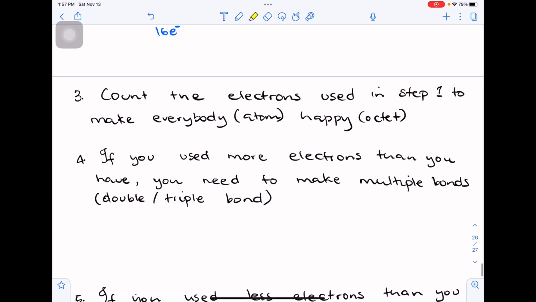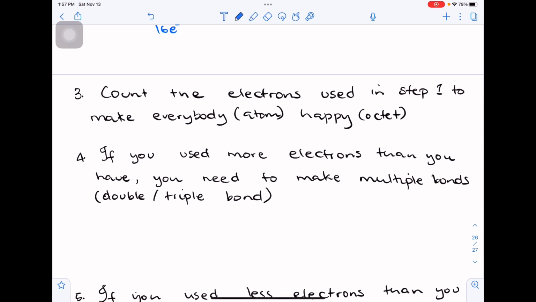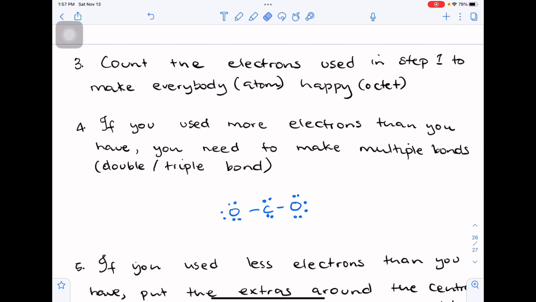If we have a case like that, it says here we have to make multiple bonds. And I'm just going to quickly draw the carbon dioxide as we have it above. So this is what we have above. Okay. Now, when we do the multiple bonds, what we are doing is we are going to remove 2 pairs of electrons, one from carbon and one from oxygen, and we're going to put a double bond.